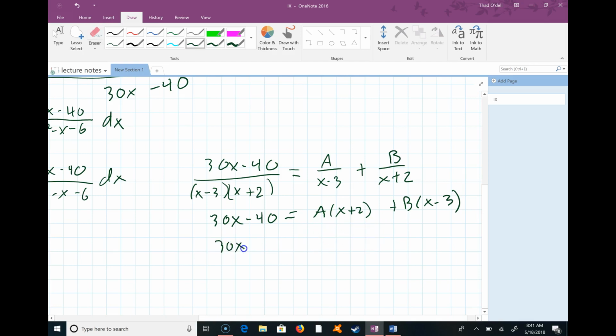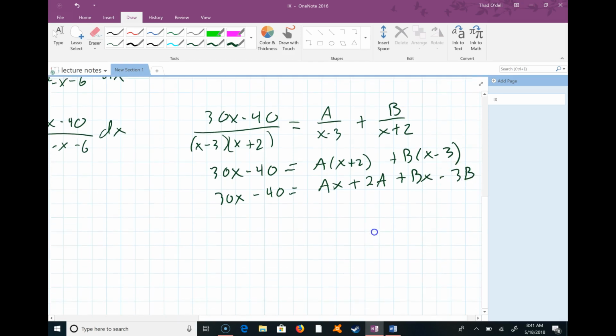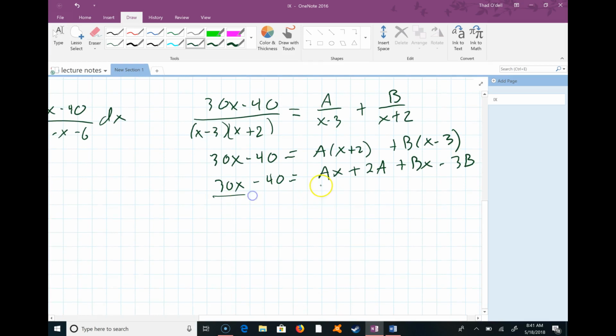So we have 30x minus 40 is equal to Ax plus 2A plus Bx minus 3B. So that tells me if I look at 30x and Ax and Bx, that 30 has to be equal to A plus B. And if I look at what's left, that means that negative 40 has to be equal to 2A minus 3B.